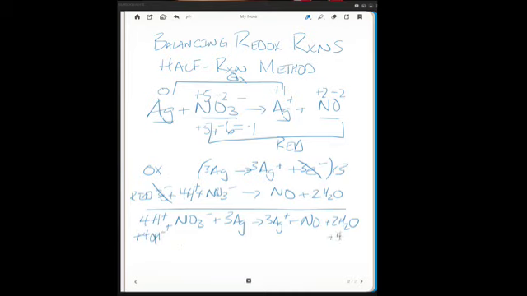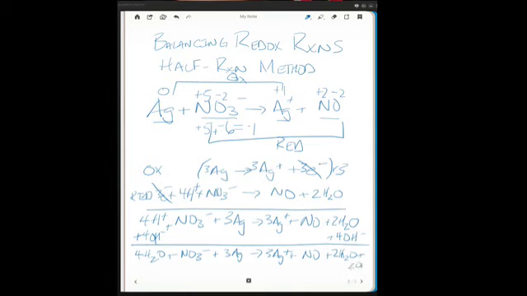And when we do that, the OH minus plus the H plus will give us 4 waters plus NO3 minus plus 3 Ag yields 3 silver ions plus nitrogen monoxide plus 2 waters and 4 OH minuses.